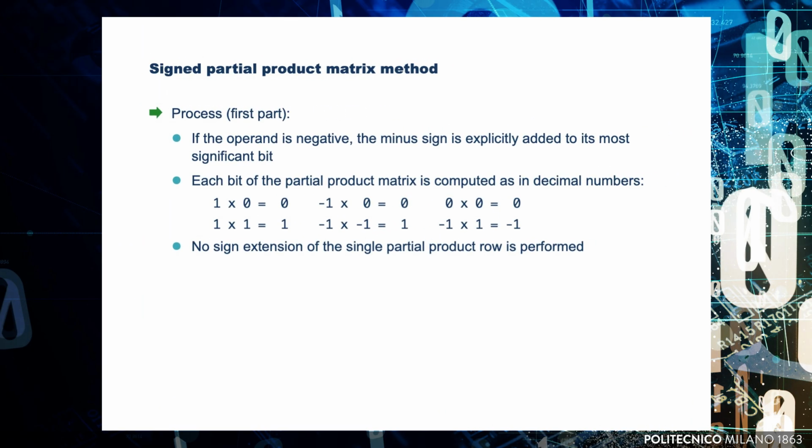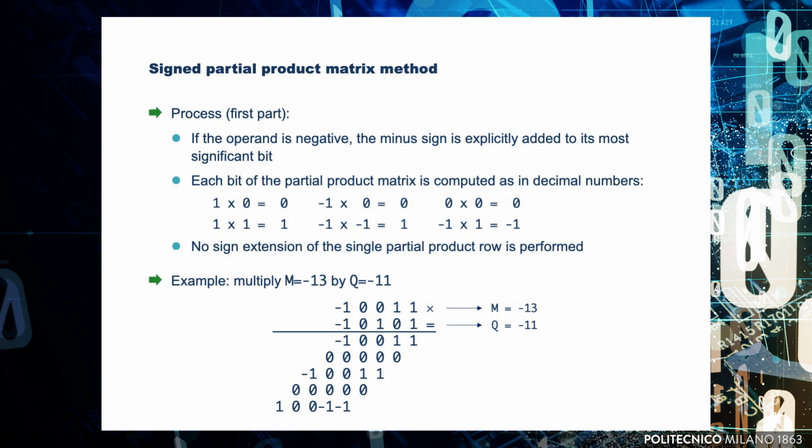Multiplying by 0 results in 0, multiplying two bits with opposite signs results in -1, and multiplying two bits with the same sign results in 1. Note that the remaining combinations are omitted in this slide for the sake of brevity, since they can be obtained by applying the commutative property. Finally, no sign extension of the individual partial product rows is performed.